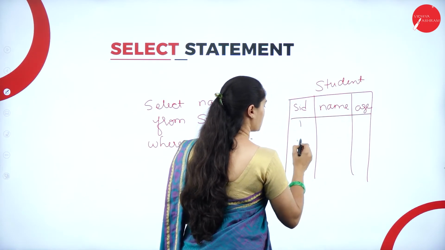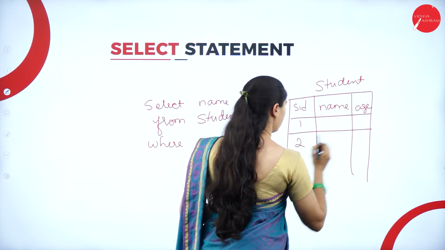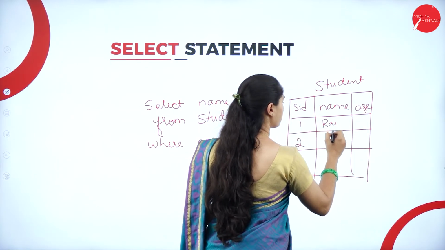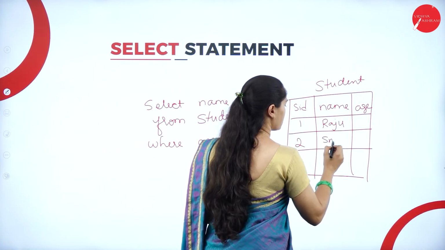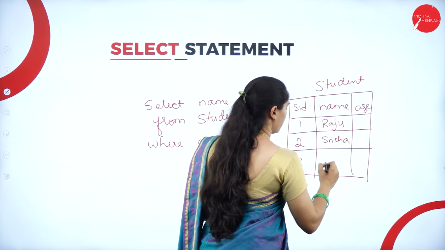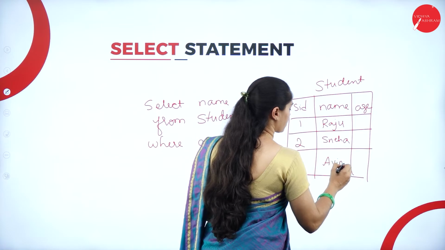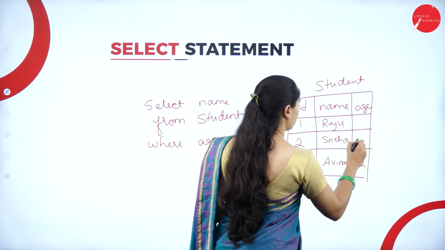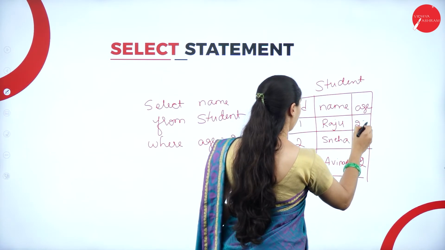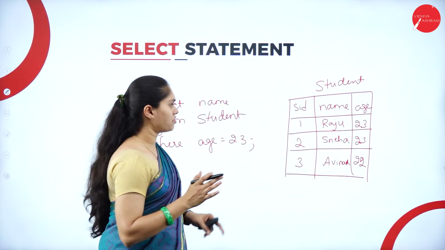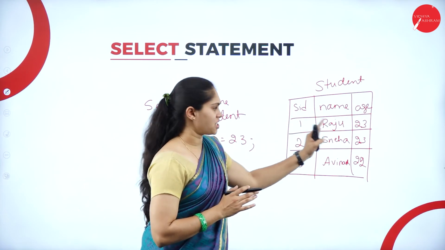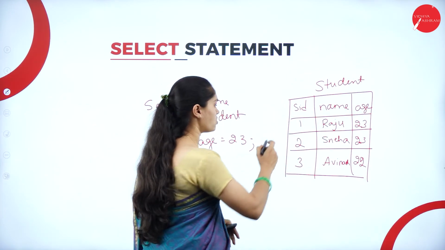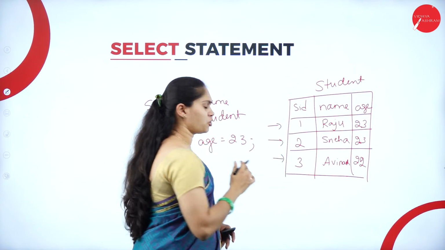Consider student ID as 1, 2 and 3, then Raju, Sneha, Avinash, and ages 22, 23 and 23. We have a student table with three attributes or columns: student ID, name, and age, and its rows are the tuple values.